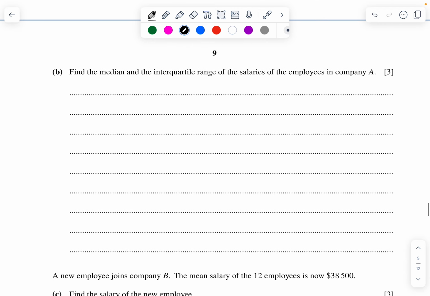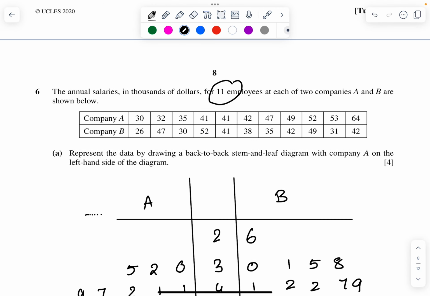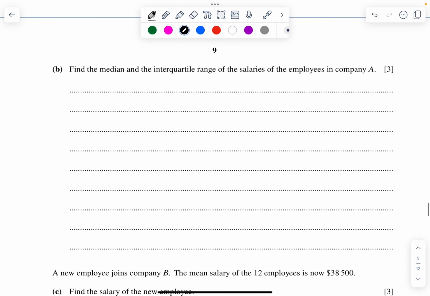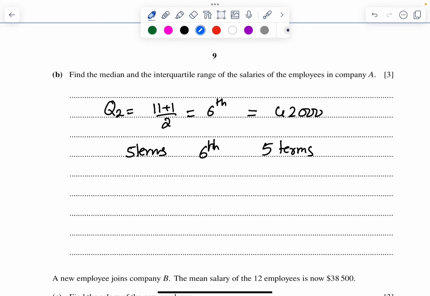Next, we'll find the median and the interquartile range for the salaries in company A. How many people are there in company A? 11 employees. So for Q2, 11 plus 1 divided by 2, 12 by 2, sixth term. The sixth term is going to be 42,000. So 5 terms are on your left side, 5 terms are on your right side. So 5 plus 1 by 2, third term.